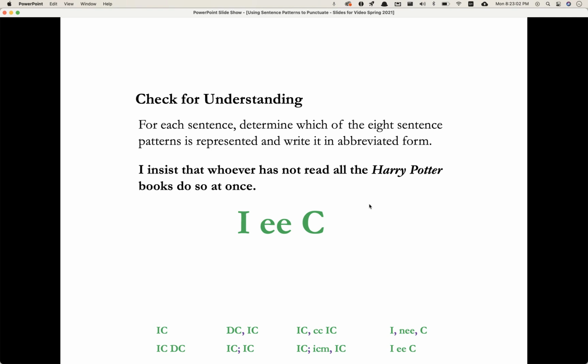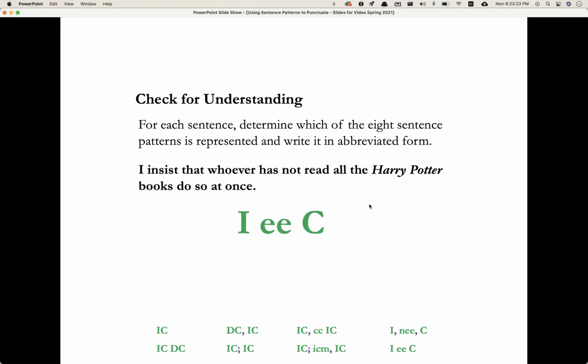So whoever has not read all the Harry Potter books, if you try to take that out, you end up with "I insist that do so at once," which doesn't make any sense. That is ungrammatical. So "whoever has not read all the Harry Potter books" is an essential element. IEEC is the only possibility here.